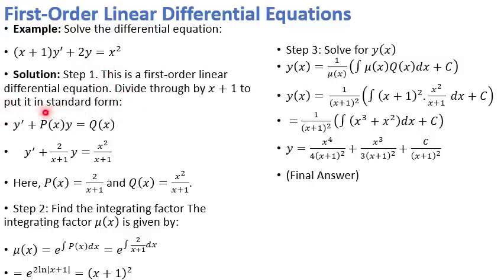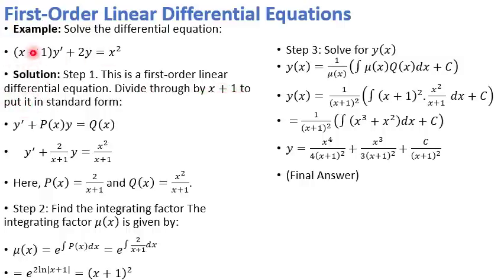And the standard form of first order linear differential equation is this. That is y prime plus p of x, y equals q of x. So now, in order to get this problem into this form, the coefficient of y prime must be 1. So what we then do is to divide through by x plus 1.